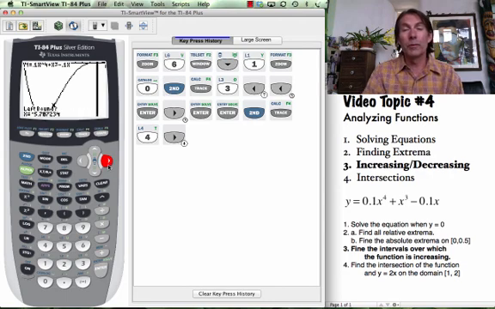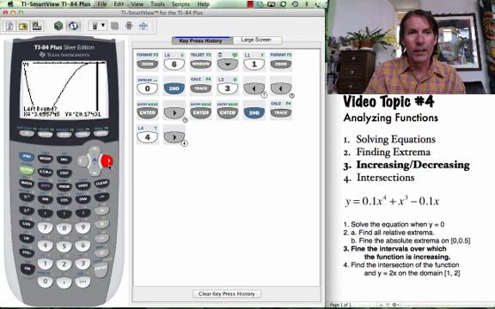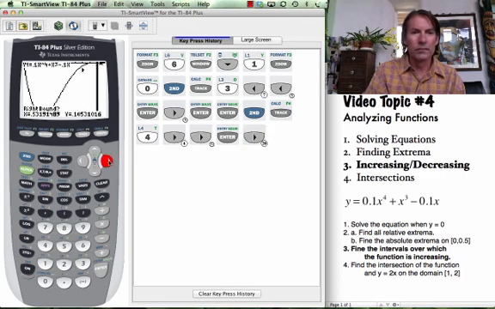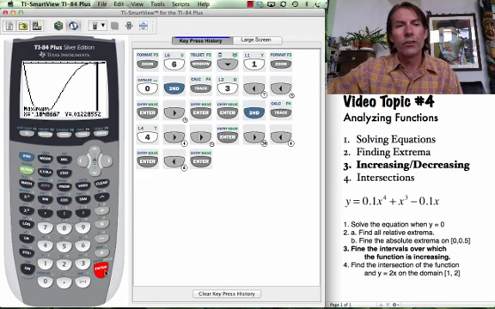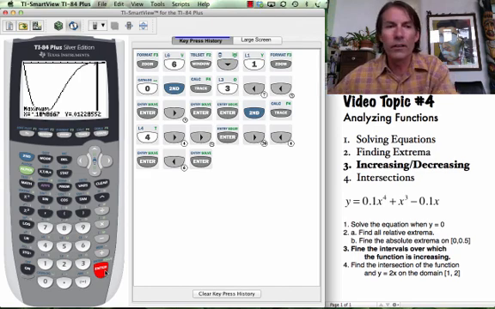I kind of know where it is because we did this before, but I think it's between, say, there and maybe 0. Right here. Somewhere in that one, I think we have a maximum. Enter. Okay, and I found a maximum there. So we're going to now state an interval on which it's increasing. So that x value is negative 0.1848667.